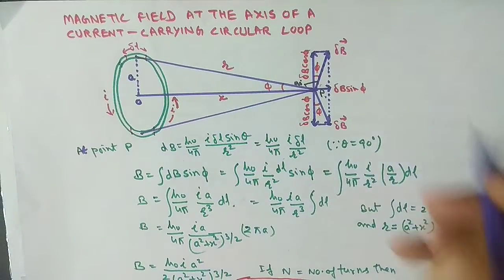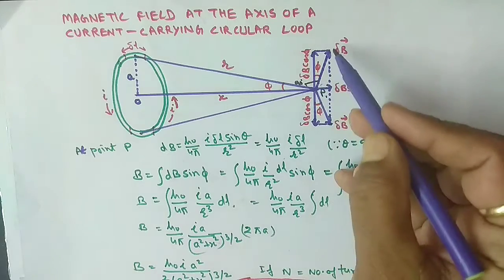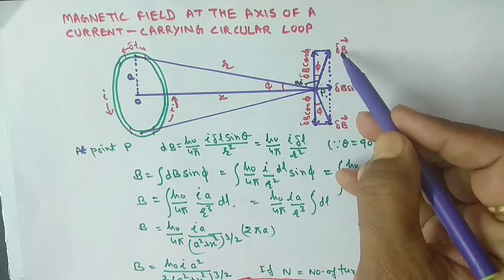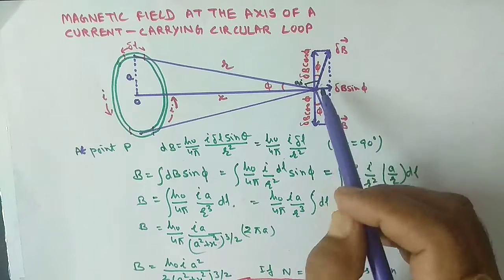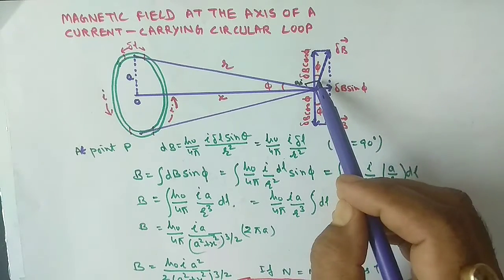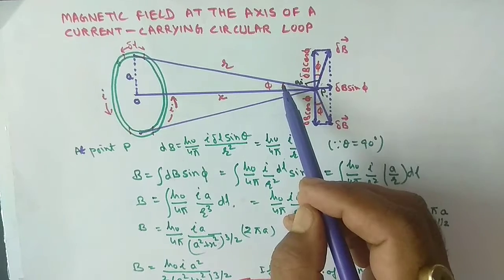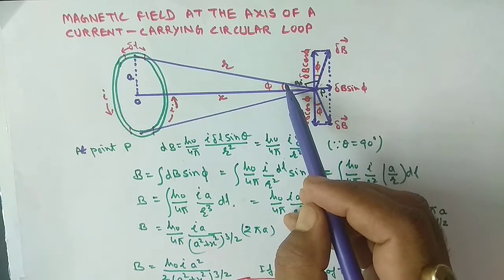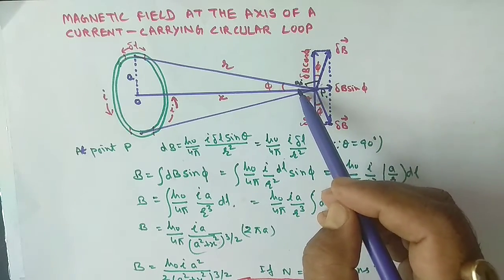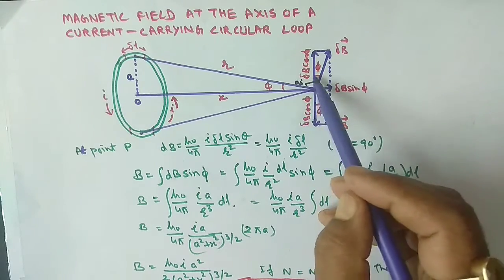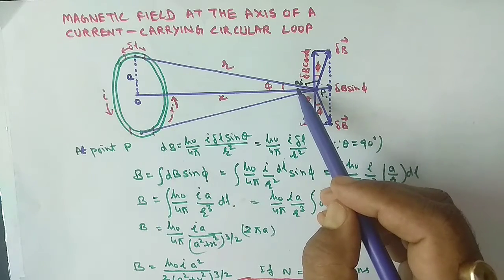So it is at 90 degree, and dB due to this dL is the magnetic field intensity. We'll take this angle phi. Try to understand, dear students, this is the angle phi.